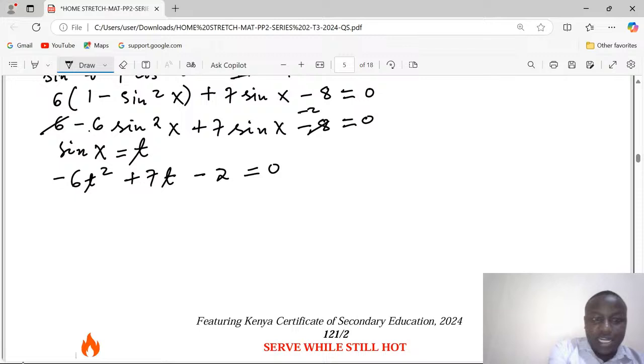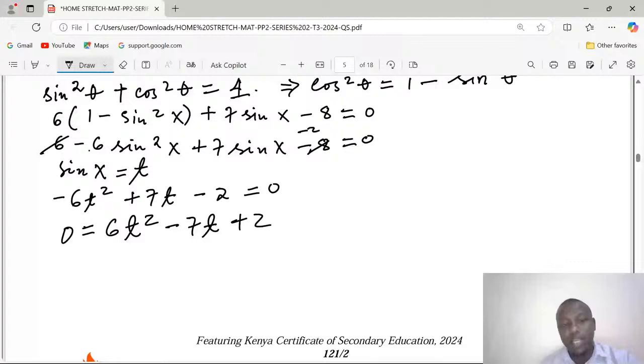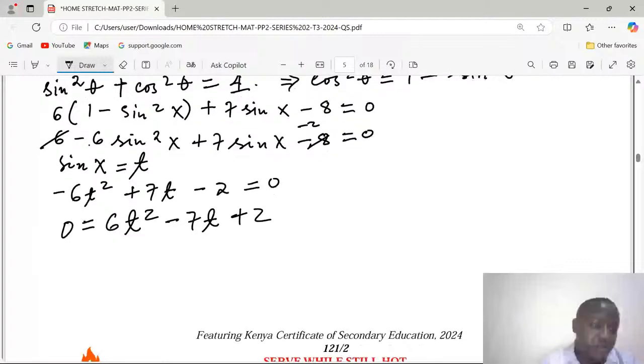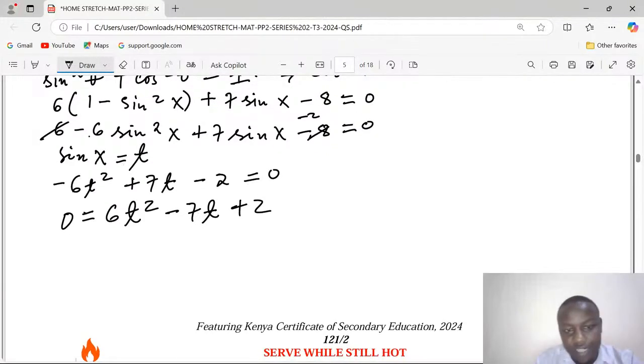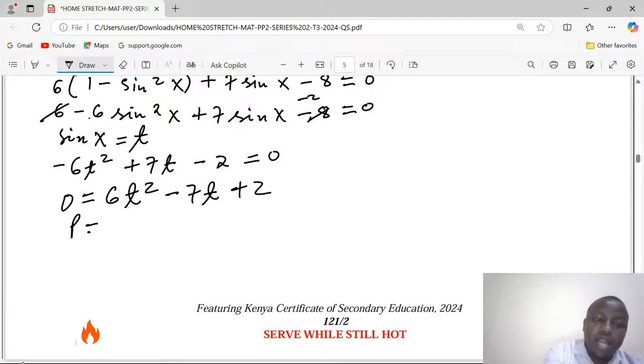So we can take to the other side: 6t squared minus 7t plus 2 equals 0. So we have our equation now being quadratic, and we can get the several values of t, whereby we need the product of a by c, 12, and the sum the value at b, negative 7.